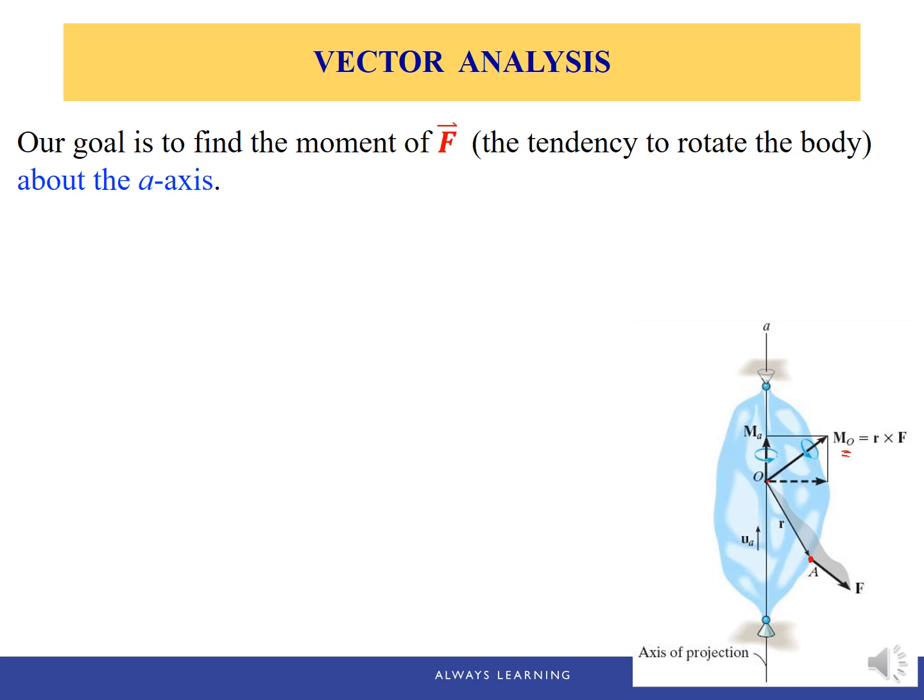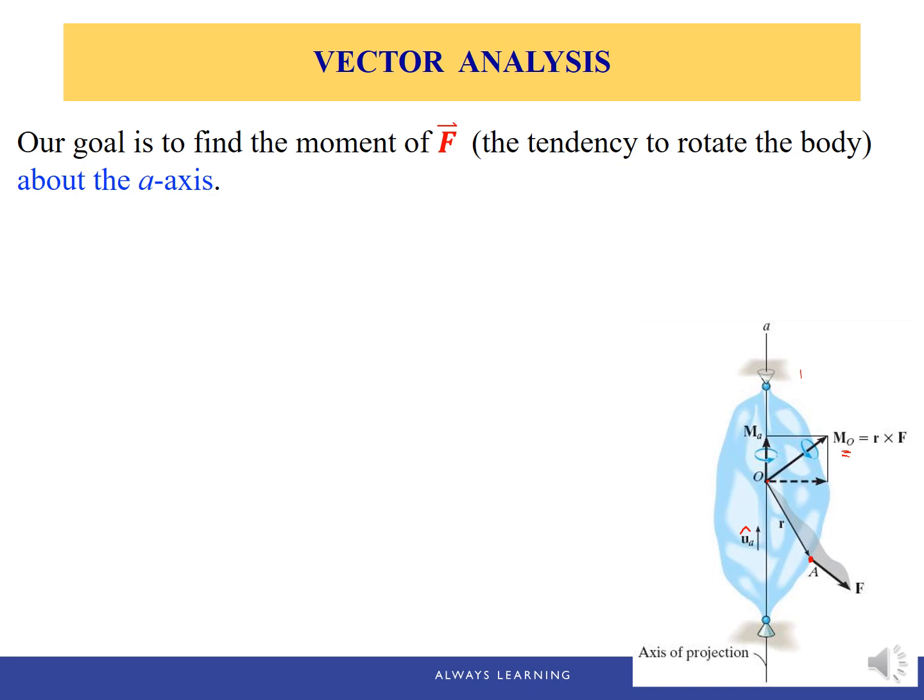Now we're looking for the rotational effect of this force F on this bottle. The bottle can only turn about this aa axis. That's why we need to find the moment of F about this aa axis. This aa axis is denoted by this direction ua hat, the unit vector along the aa direction.